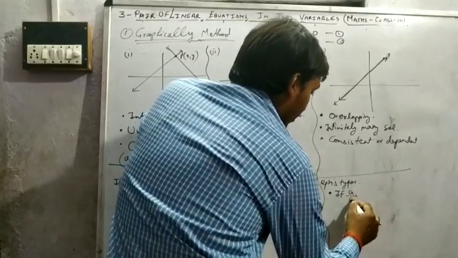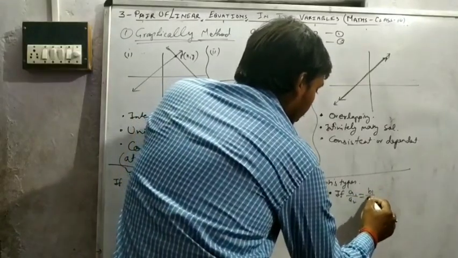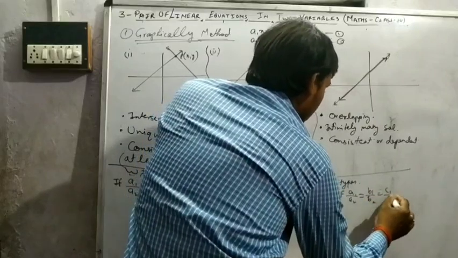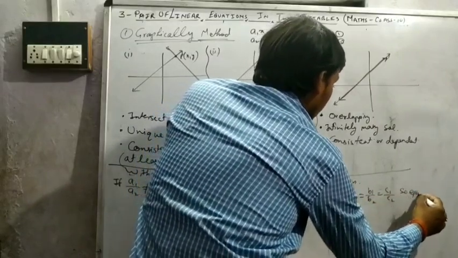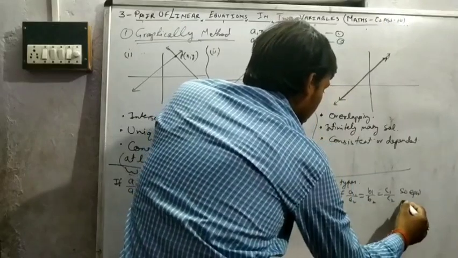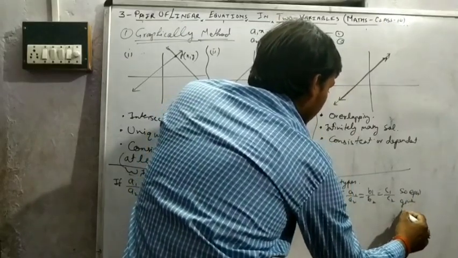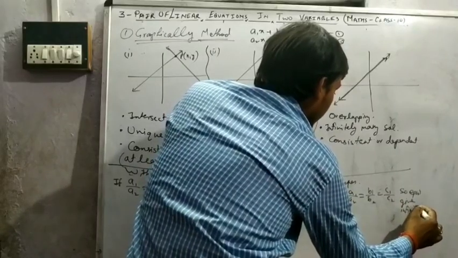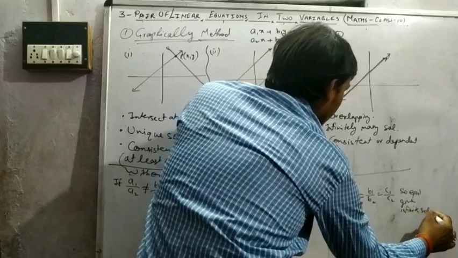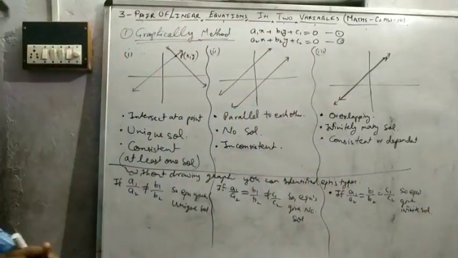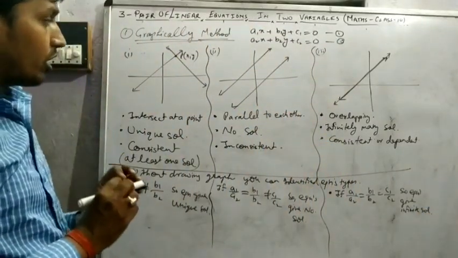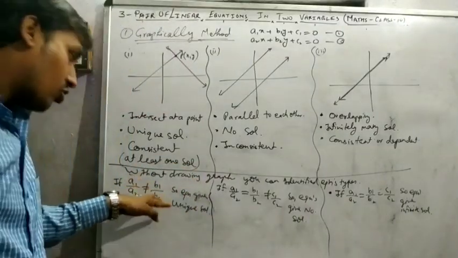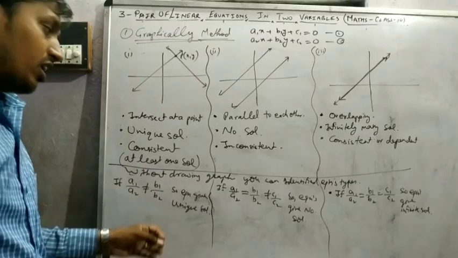If A1 upon A2 is equal to B1 upon B2 and is also equal to C1 upon C2, then the equation gives infinitely many solutions. It means you only compare the coefficients and divide them.